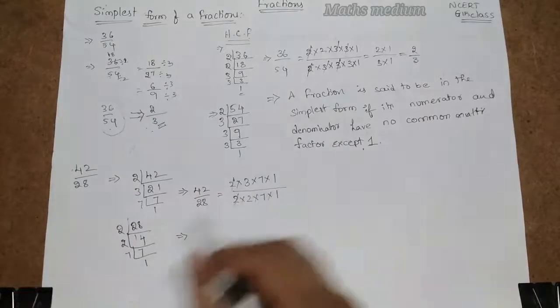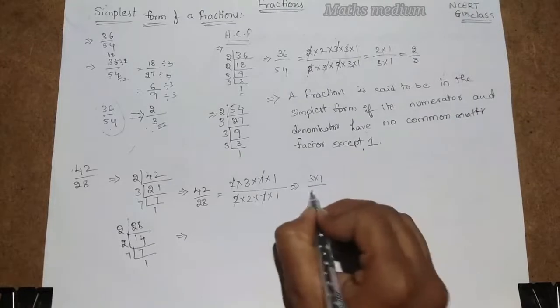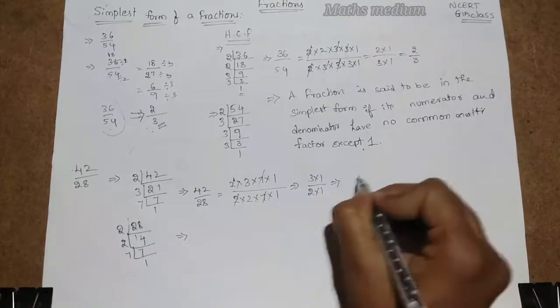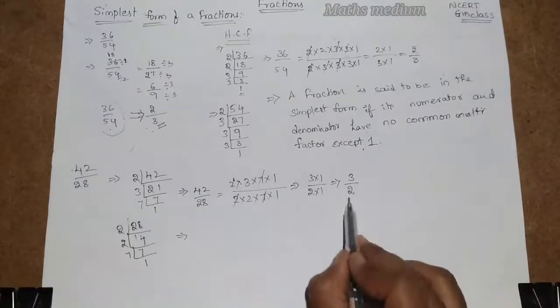So 2 gets cancelled, 7 gets cancelled. So that is 3 into 1 by 2 into 1. Then we get the simplest form of the fraction. 42 by 28 is 3 by 2.